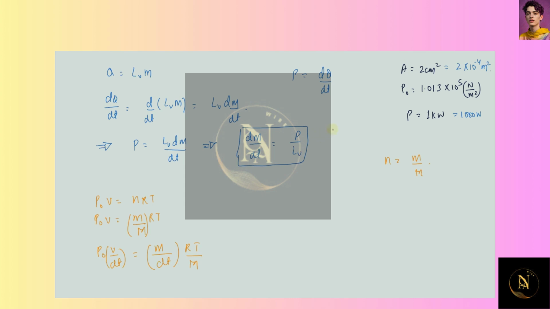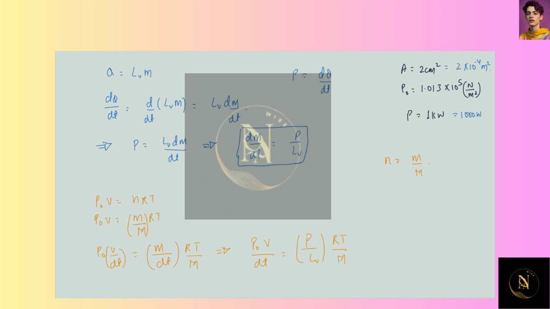Now if we compare this equation and this equation, dm/dt is one and the same thing. So this equation becomes P_0 dV/dt = (P/L_V) times RT divided by M.